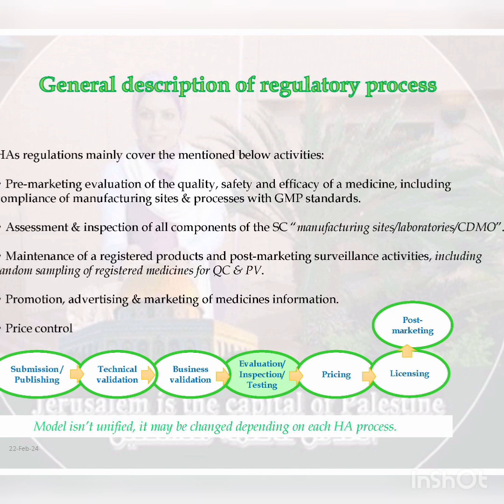Health authorities' regulations mainly cover the activities mentioned below: pre-marketing evaluation of the quality, safety, and efficacy of a medicine, including compliance of manufacturing sites and processes with GMP standards. Assessment and inspection of all components of the supply chain, manufacturing sites, laboratories, CDMO.